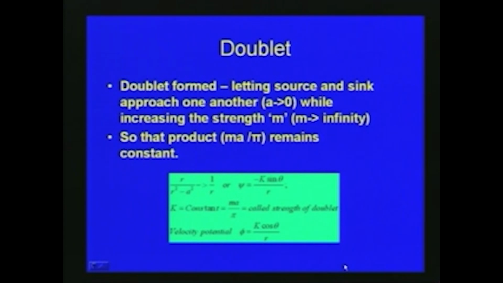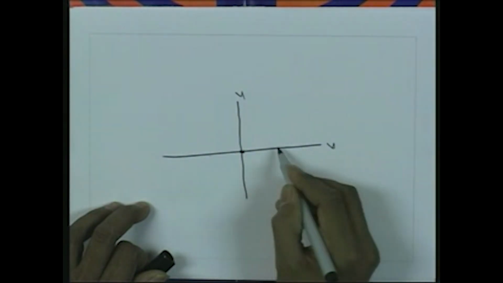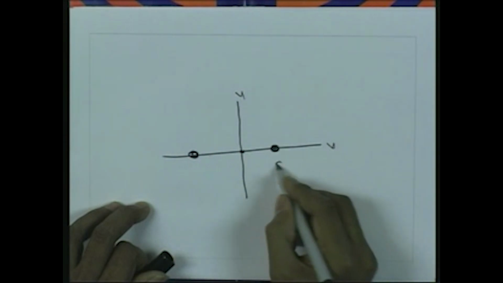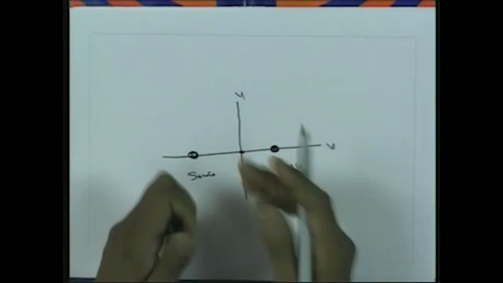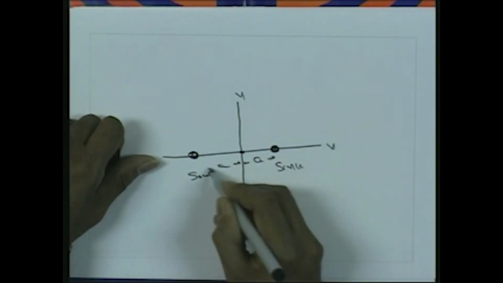Now we say that a doublet is formed by letting the source and sink approach one another. Here there is a source with respect to the figure shown. If this is the origin, this is y and this is x, here there is a source and here there is a sink. Initially the distance is a on both sides.